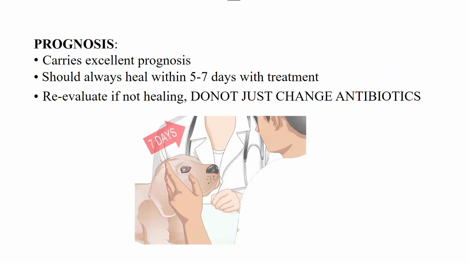Last thing is prognosis. Superficial corneal ulcers carry an excellent prognosis, and they should always heal within 5 to 7 days with treatment. That is a very, very, very important thing, because if you have treated an ulcer that was superficial and it did not heal in 7 days, then you have to reevaluate. It's not that you have to change the antibiotic. Rather, you have to change your diagnosis.